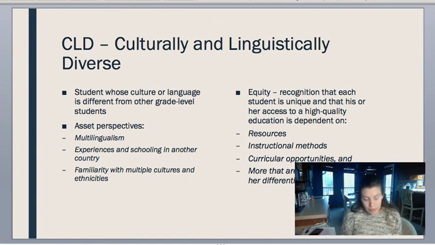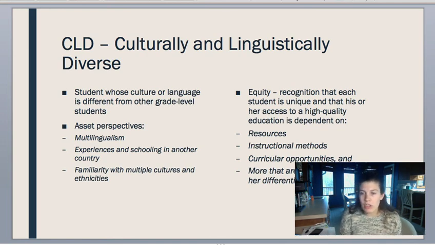With that, we want to be affirmative in recognizing and celebrating the advantages, talents, and experiences the student brings to the classroom and to the school. So educators should recognize and use cultural and linguistic diversity as a powerful enrichment of a school's learning community.